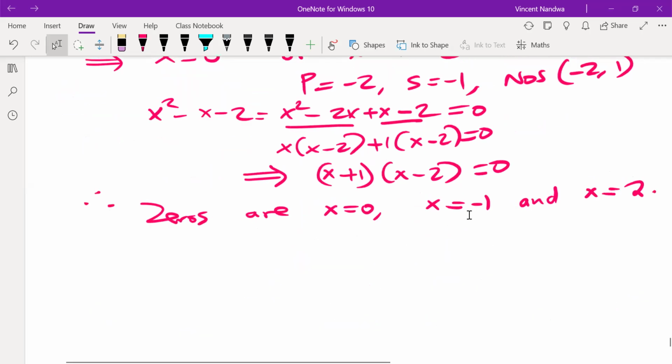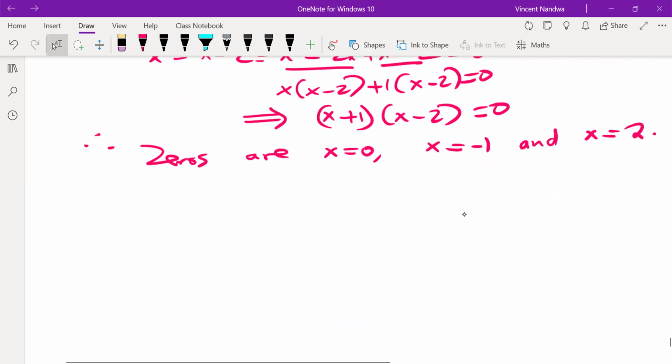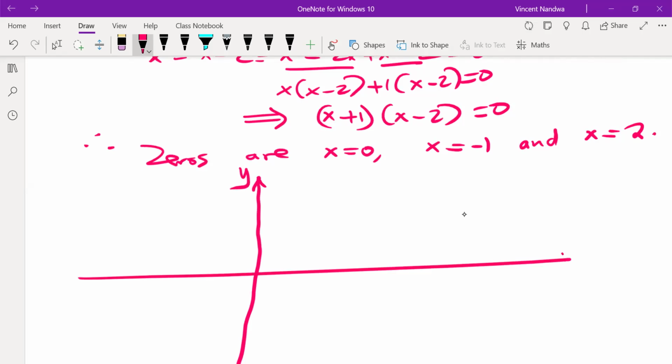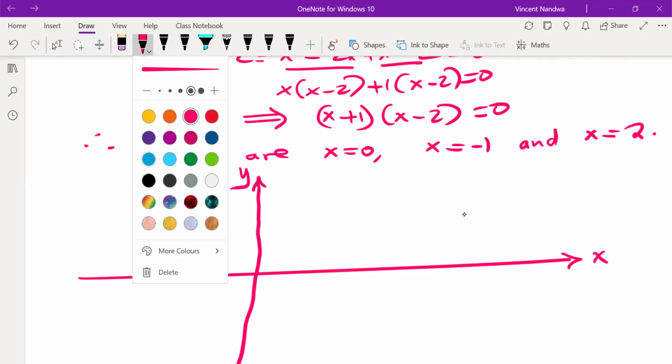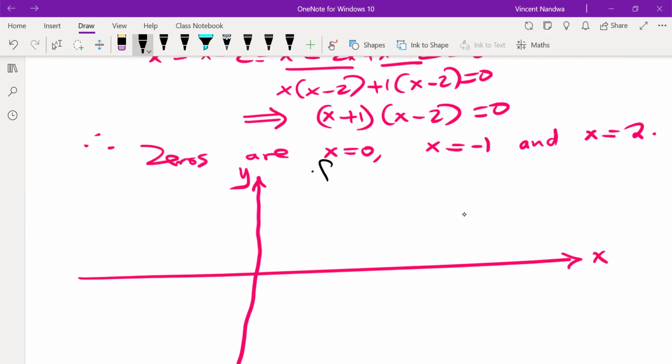So now we can sketch the graph. This is the y-axis, this is the x-axis. Note that when x is 0, f of x will still be 0. So f of 0 is 0.